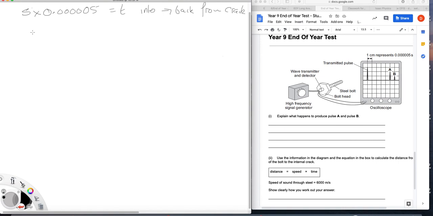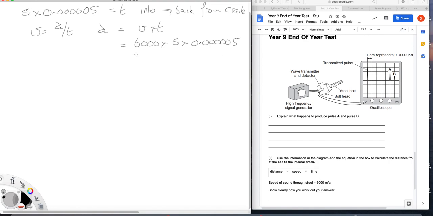So the velocity, distance divided by time. So the distance then would be the velocity times the time. Our velocity, we are told, is 6,000 meters per second times 5 times 0.1234 zeros.